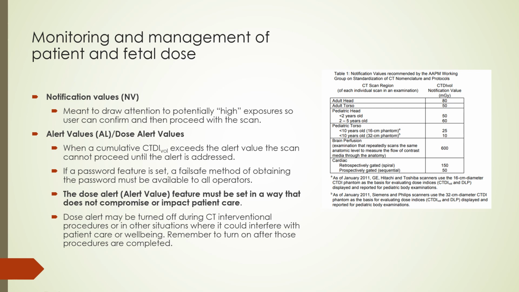If several scans are planned that will exceed another setting called an alert value, the scanner will prevent the scan from proceeding until the alert is addressed. Alert levels can be initially set at 1000 milligray. The goal of setting notification values and alert values is to detect extreme cases. Passwords must be available to all operators so patient care is not compromised or impacted negatively.